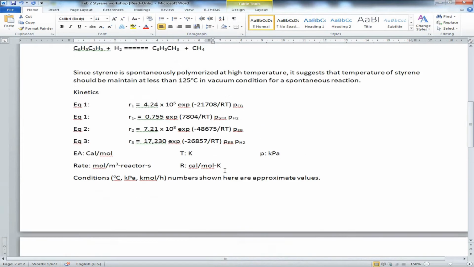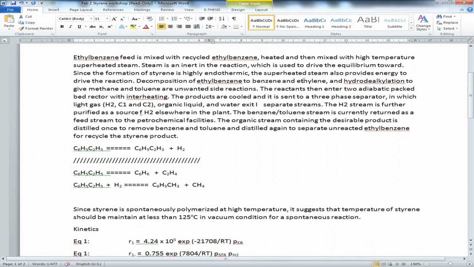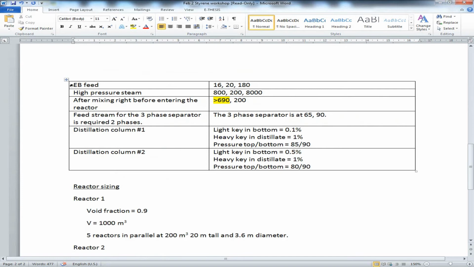The high pressure stream that we are using is a superheated steam, which will provide energy to drive the reaction, and the steam is an inert, will not react with ethylbenzene in this particular condition.